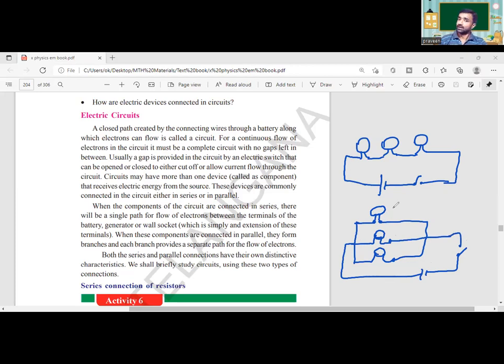Here individual paths are maintained in the second diagram. In the first one, I maintained only one path. Is there any disadvantage in the first one?